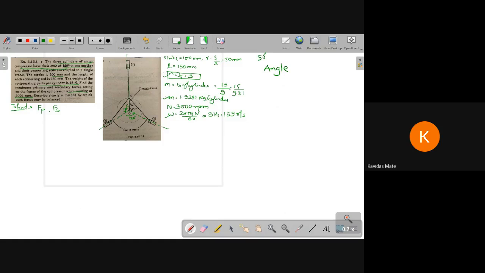So this is the solution, step number 1. We need to have the angle for primary, one is direct, another is reverse. So this is for primary, direct and reverse, and secondary, direct and reverse. So we need to have this different data.